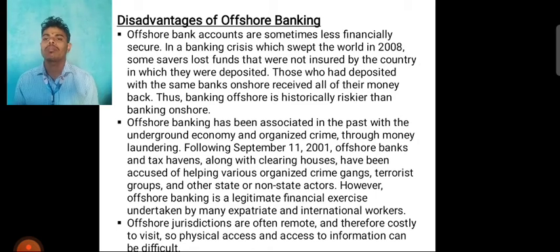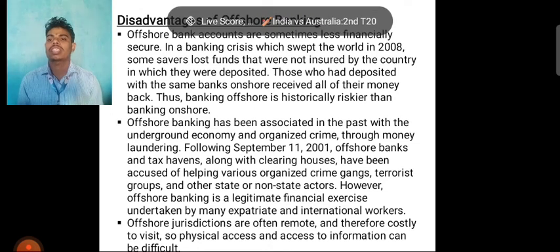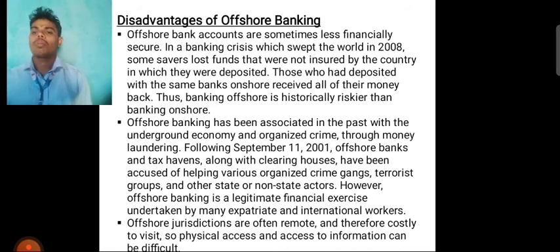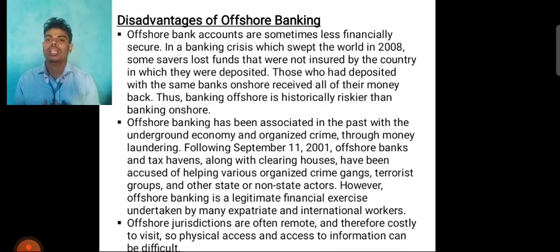Following September 11, 2001, offshore banks and tax havens along with clearinghouses have been accused of helping various organized crime gangs, terrorist groups and other state or non-state actors. However, offshore banking is a legitimate financial exercise undertaken by expatriates and international workers.